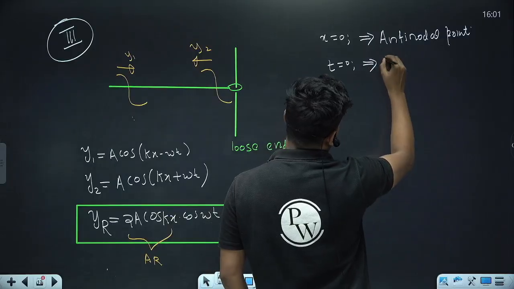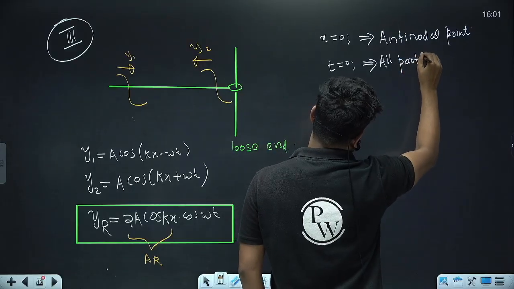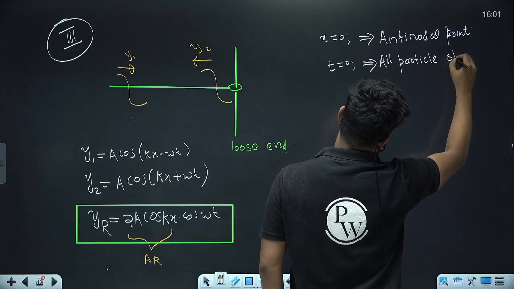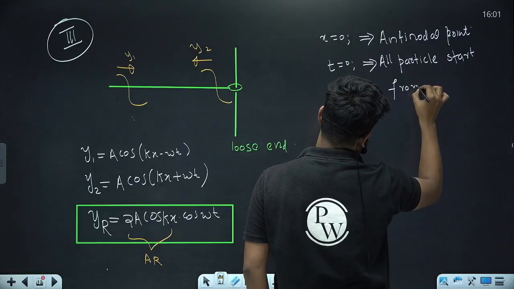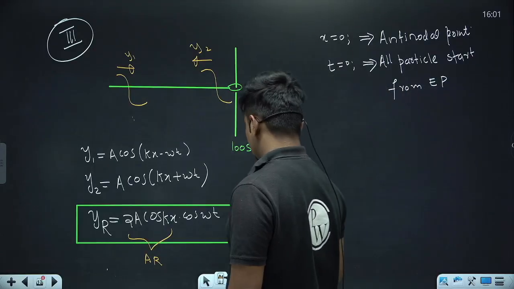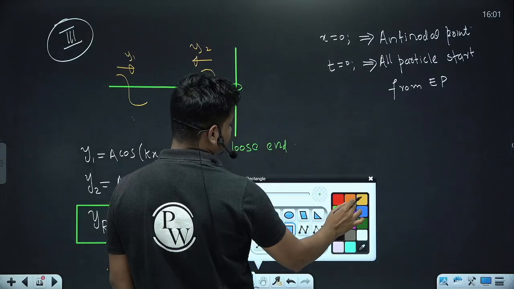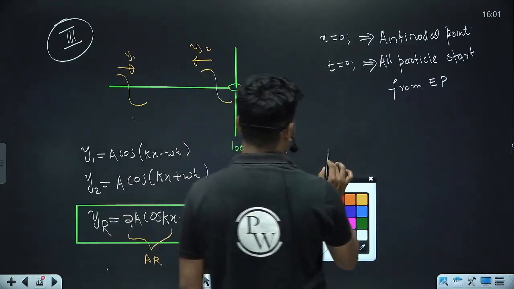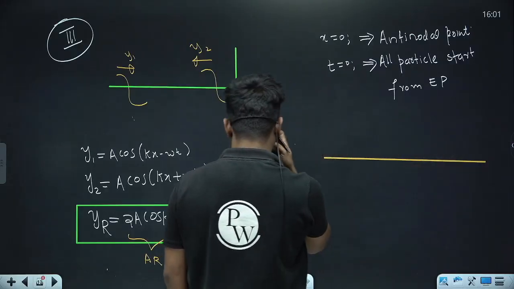That means all particles start from the extreme position. So let's draw the graph. This is our reference line.